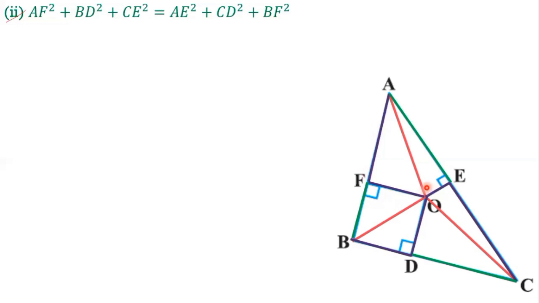Now observe, we don't want AO, BO and OC here to prove. So now let us apply Pythagoras theorem to triangle AFO. That is AO square is equal to AF square plus FO square.